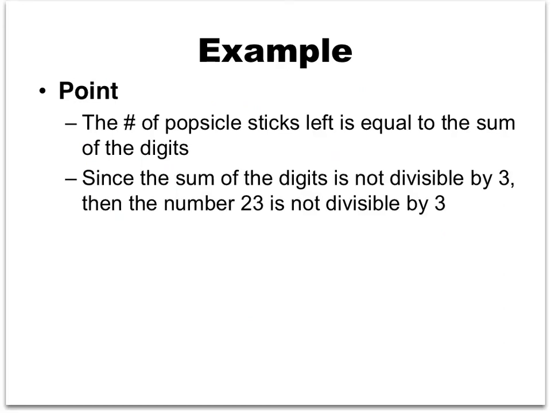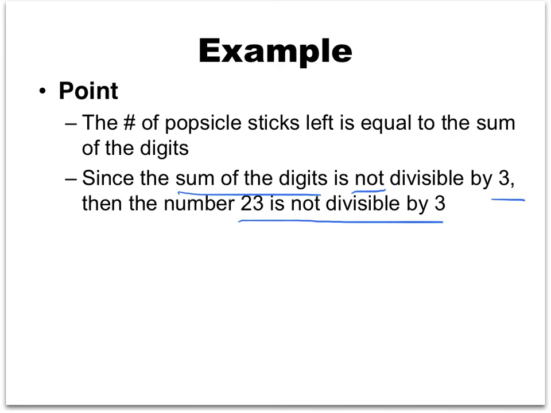And since the sum of the digits, which was 5, is not divisible by 3, then the number 23 is not divisible by 3. So it all boiled down to the sum of the digits.